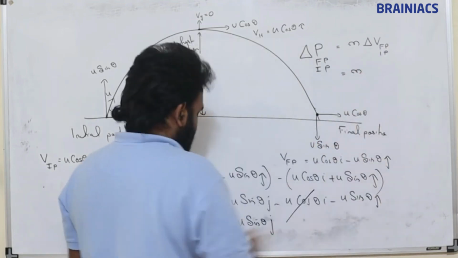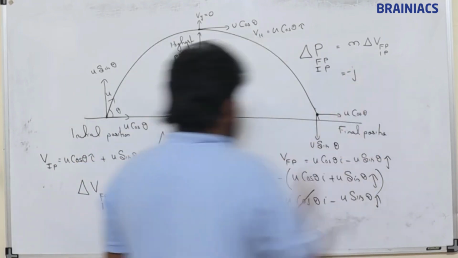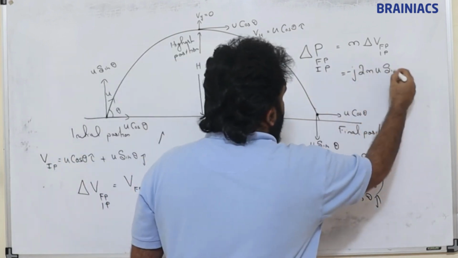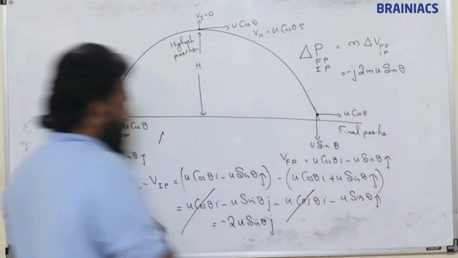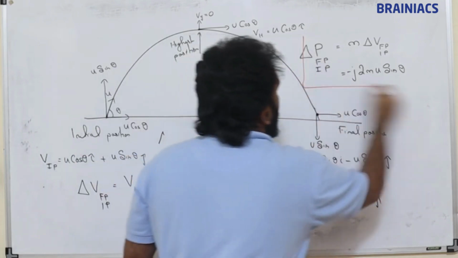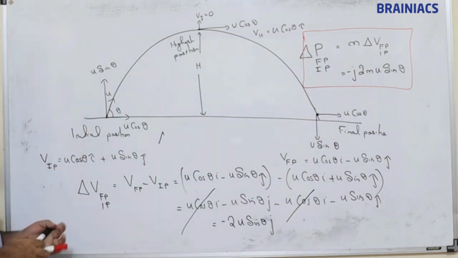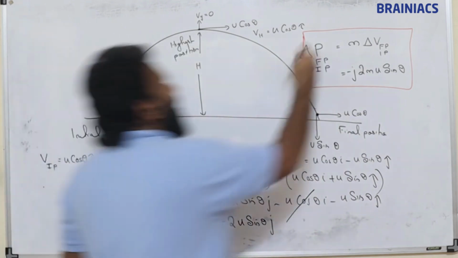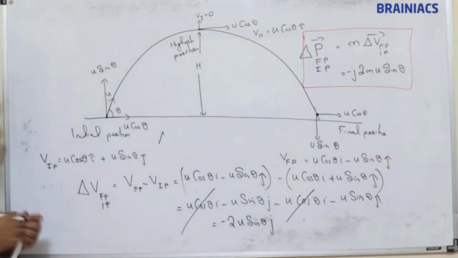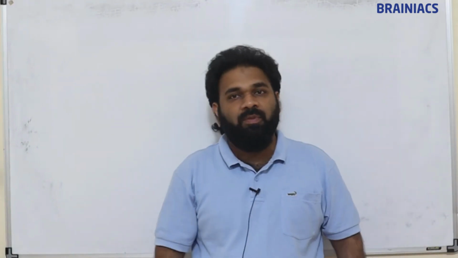So this is nothing but minus j into 2mu sin theta. This is the change in momentum. Momentum is a vector, and velocity is a vector, so we have got direction also along with this. Clear? Okay, see children, now we will do some questions based on this.